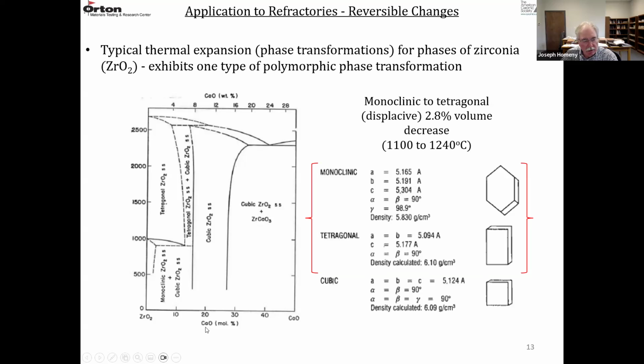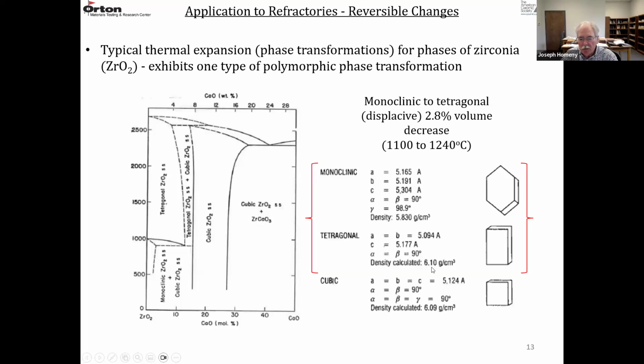So the idea here is to add enough lime to get out of the monoclinic phase field to have it all in cubic. So when you increase the temperature, it's all cubic, and you eliminate the monoclinic to tetragonal phase transformation. That occurs at about 15 mole percent CaO, or about 8 weight percent CaO.